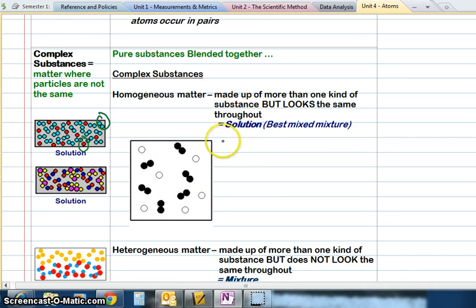When it's more than one kind of matter, and it's mixed really well, but it looks all the same, we would call that a solution. There can be solid solutions too, like brass, which is a mixture of two metals. The most common mixture you guys are probably used to seeing is lemonade or Kool-Aid, where there's some coloring and some sugar and water mixed together.